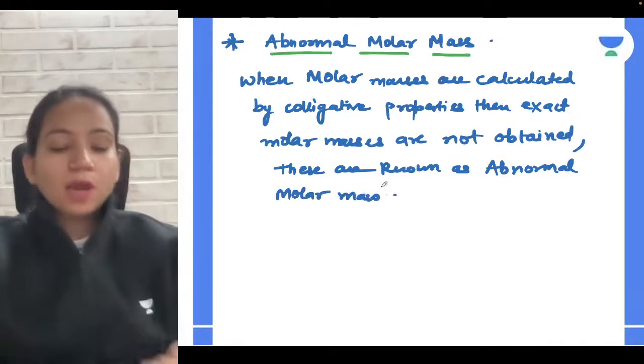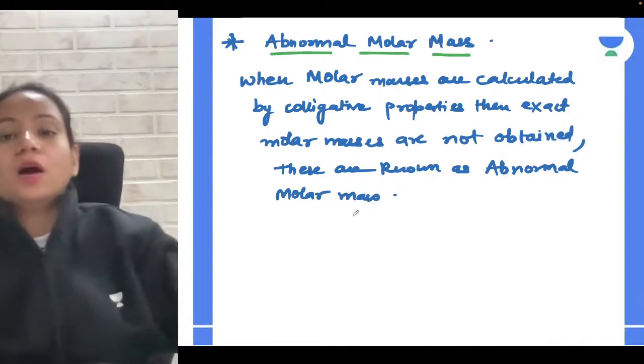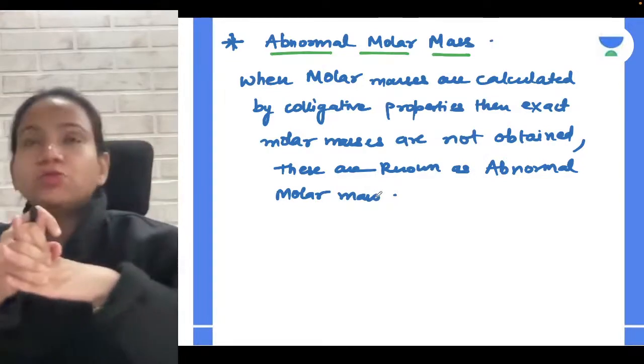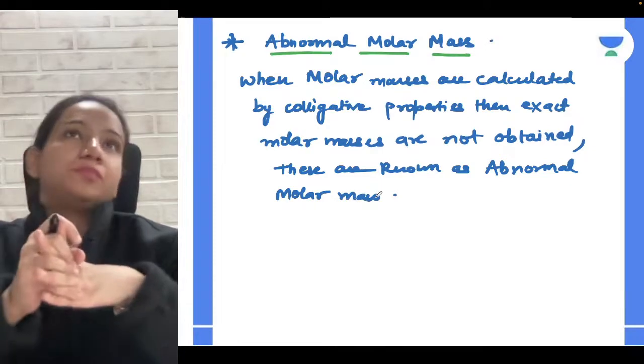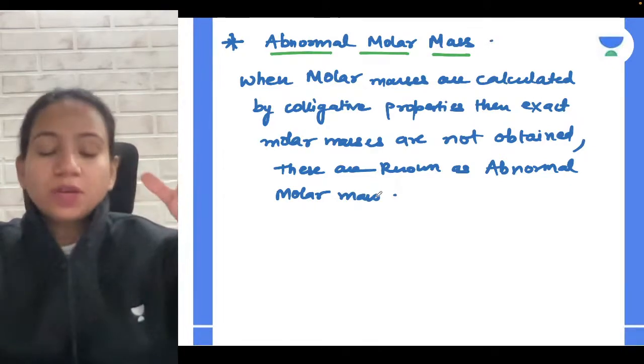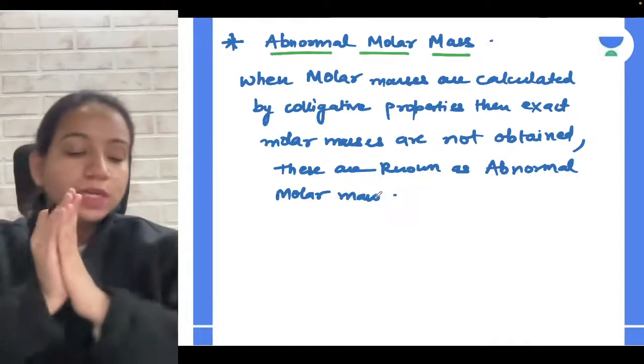Now, what is the reason that we don't get the correct molar mass? Because when we discussed colligative properties, we considered a common statement that a non-volatile solute is added to a volatile solvent.